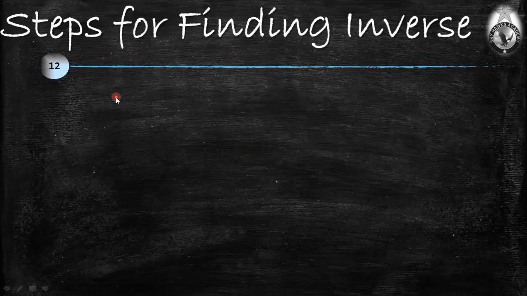If the graph of the function is given, then we'll find the graph of the inverse function. And also algebraically, if the function is given, we will find its inverse. So here we are just outlining the steps only. So be ready for the next lesson.